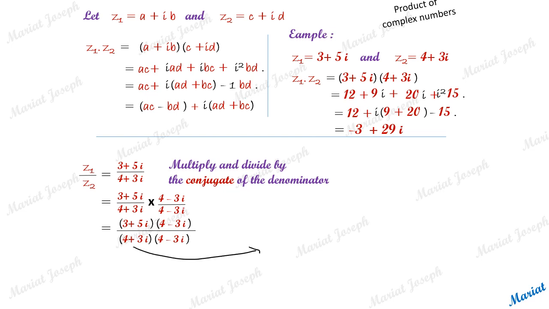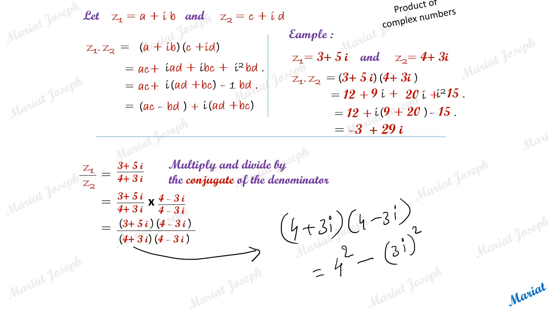Interestingly, the denominator (4 + 3i) into (4 - 3i). If you apply distributive property or if you apply the (a + b)(a - b) identity, it will be in the form a² - b². A² is 4² - (3i)². (3i)² means that is 9i².